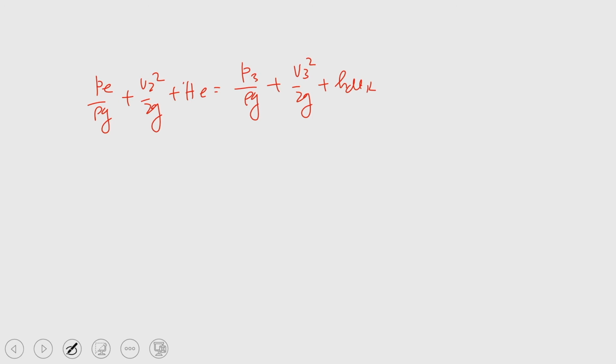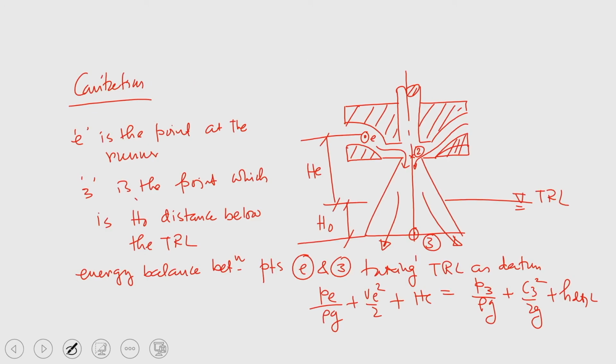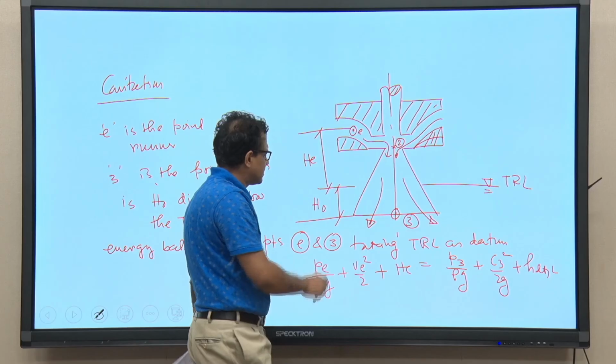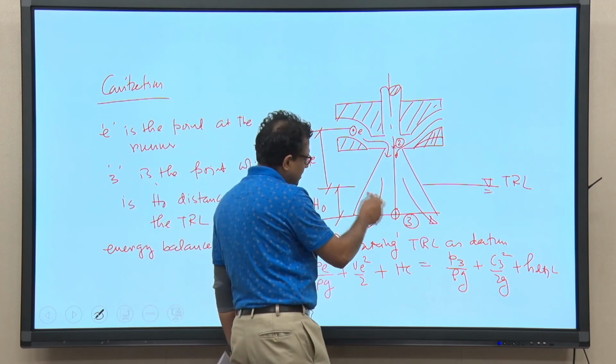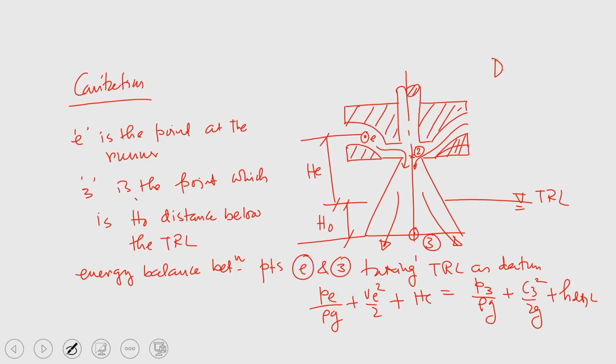If I have made a mistake, oh, I have written plus H DTL, so it is plus H DTL. I am considering that the point 3 is very close to TRL, so I am not going to consider this height, as the draft tube exit is very close to TRL. I am not going to consider this small height H naught.